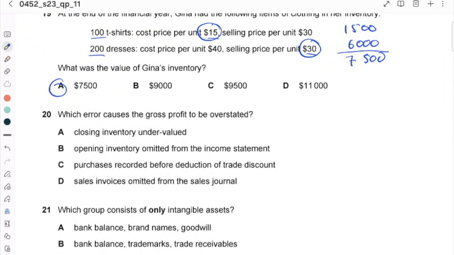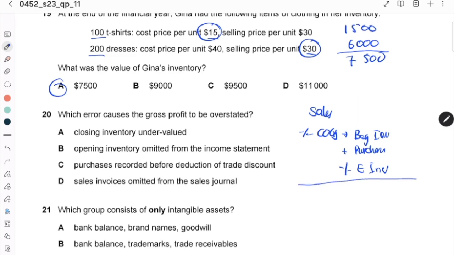Okay, number 20. Which error caused the gross profit to be overstated? Gross profit is sales minus COGS. COGS is beginning inventory plus purchases minus ending inventory, or closing inventory.